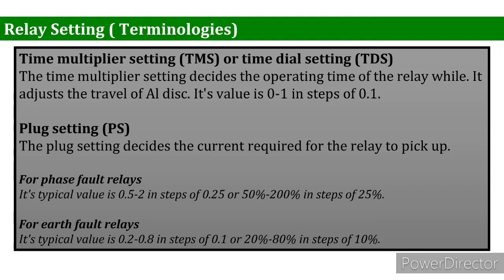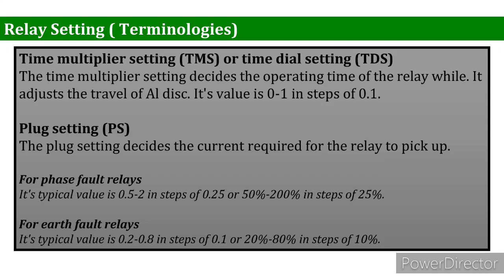The working of the electromagnetic overcurrent relay we will see in the next slides. In other words, the user decides, on the basis of calculation, at which operating time he wants the relay to operate.